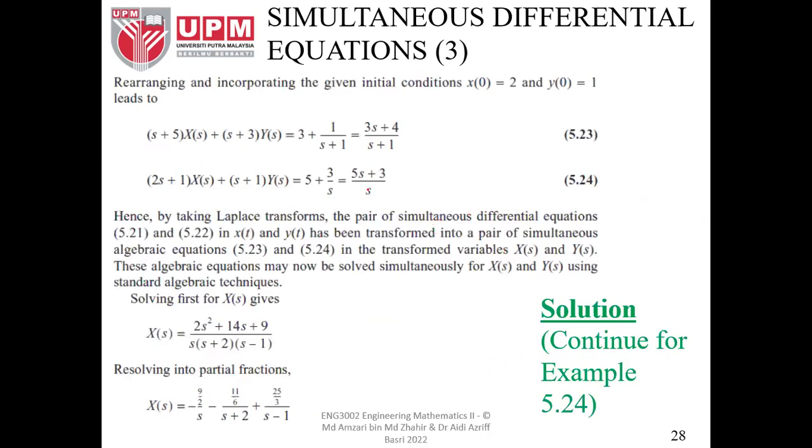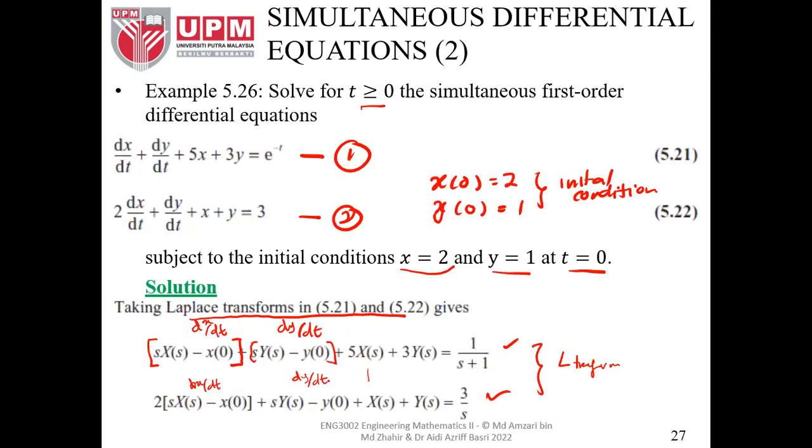Next, we put in the conditions first because we want to eliminate some of the terms. For example, x naught equal to 2 and y naught equal to 1. So x naught becomes 2 and this one will be 1.